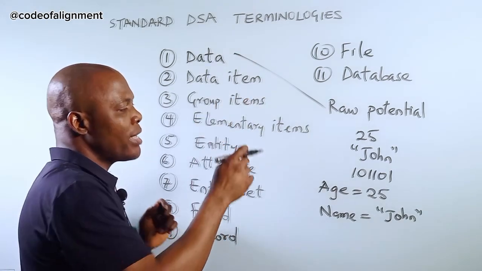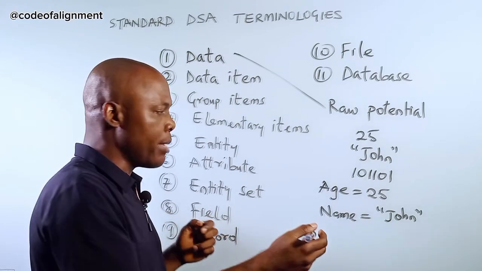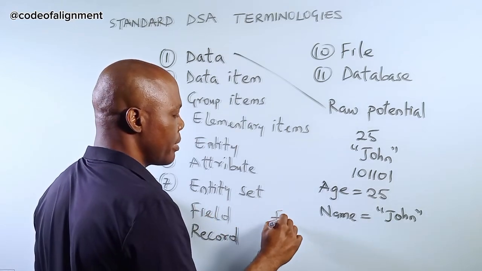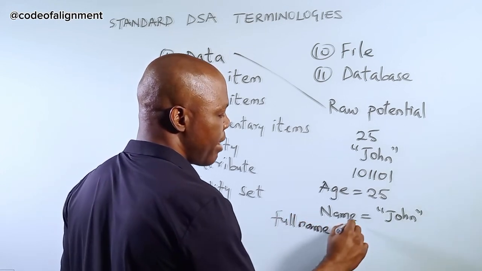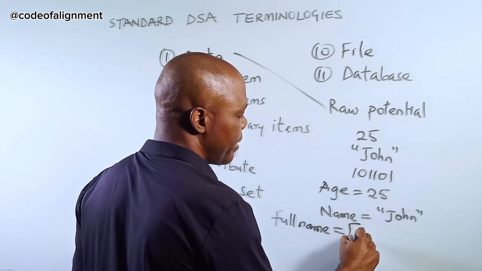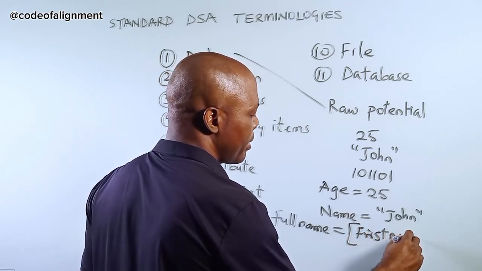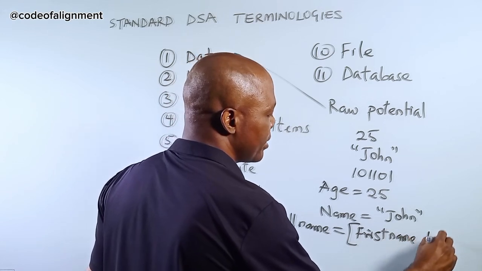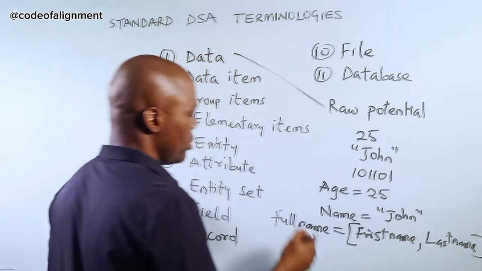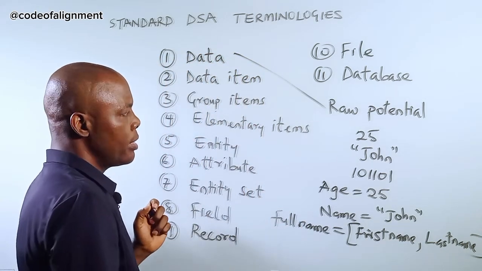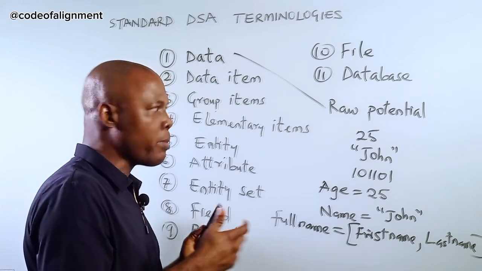Now, what is group items? Group items are data items that can be divided into sub-items. Example, full name, where you have first name and last name. So this is group items, that is data items that can be divided into sub-items.